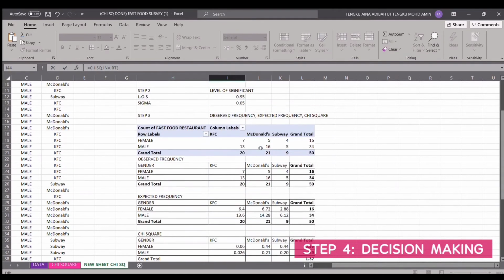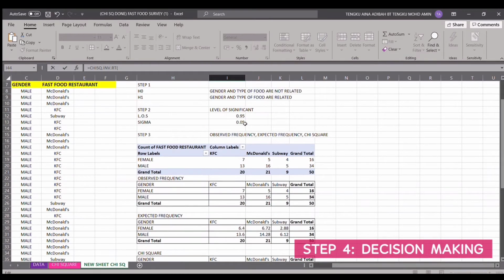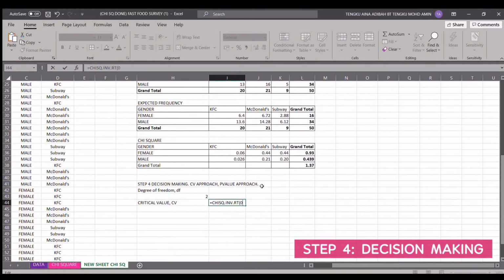You can put the value of sigma here. This is already the fixed value, so it is 0.05, and then the degree of freedom, which is 2 here, and then click, and then we get this. As usual, we put it in 2 decimal places.